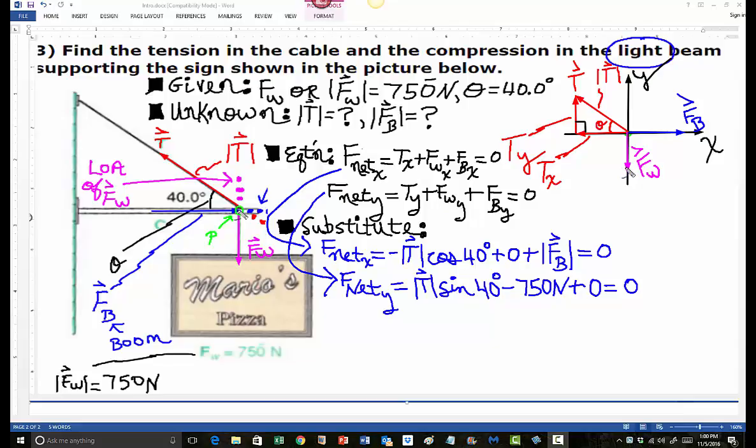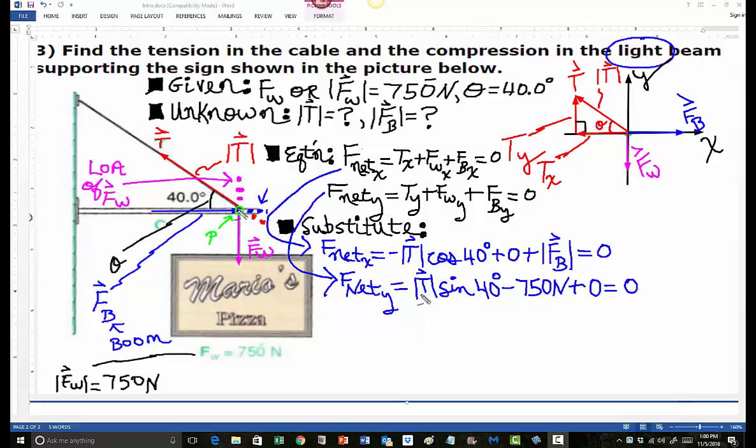The weight force vector is directed out the negative y-axis, and therefore it is negative the magnitude of the weight force vector, which is 750 newtons. And then plus the y component of the boom force vector. The boom force vector has 0 y component, so plus 0, and that is 0. We see that this equation is one equation and one unknown, which is the magnitude of the tension vector.